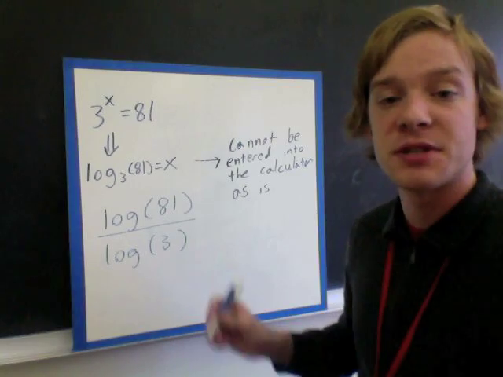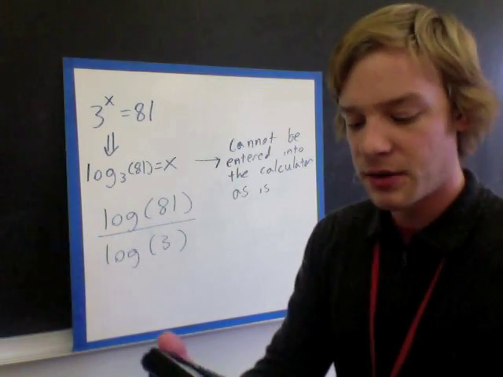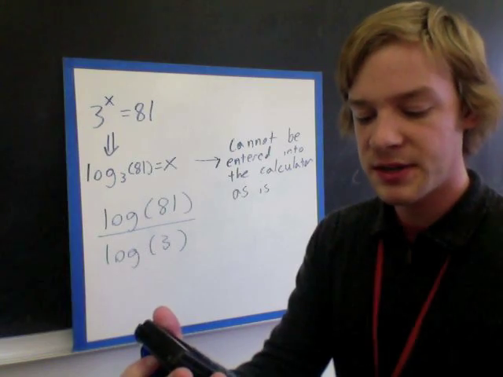If we enter this into your calculator, you just use your log button, which is right to the left of the 7. You see there at the 7, we've got the log button just to the left of it. That's the button we want to use.